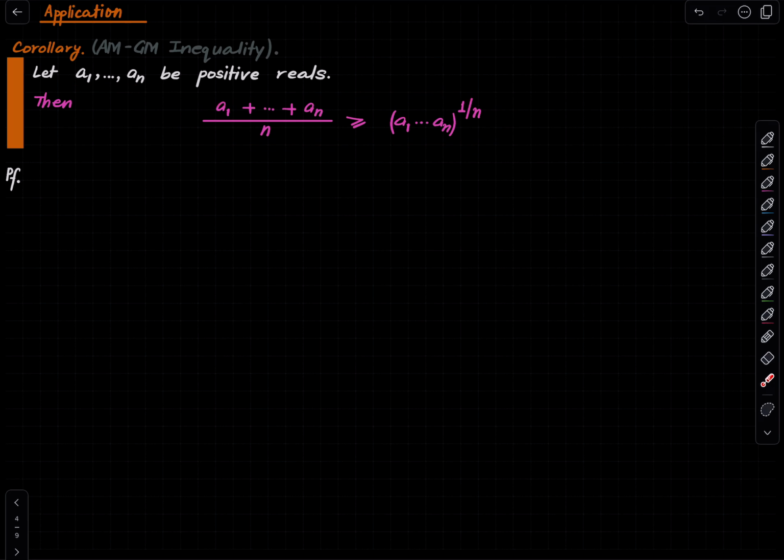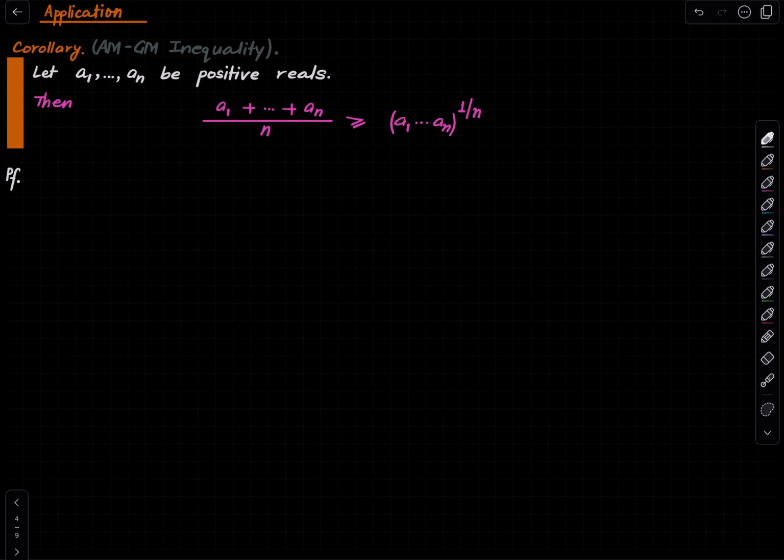This is a very popular and famous inequality that you must have seen at some point before, and maybe you have seen a proof of it before, but perhaps you haven't seen this proof. This is also a very standard proof, but before you discuss convexity, this is not something that you see. All right, so let's just prove it.